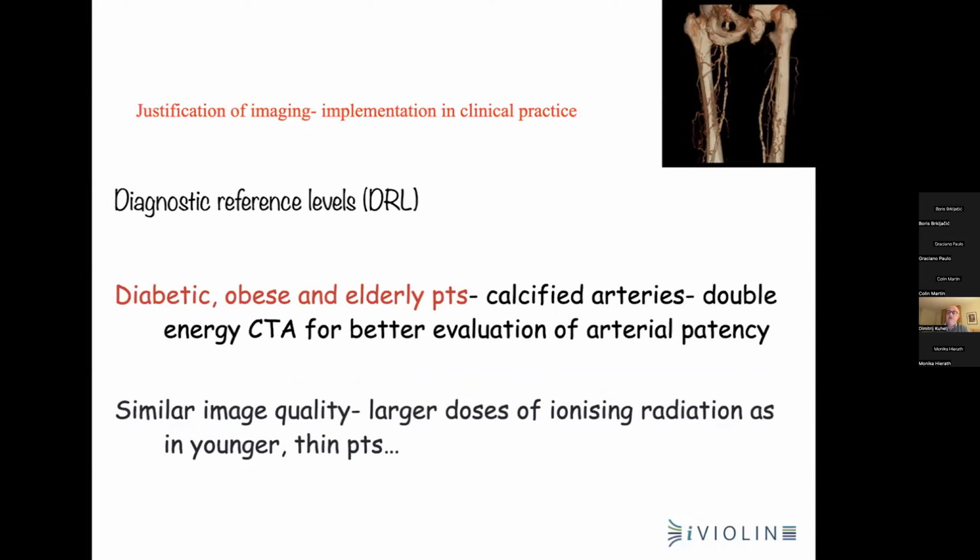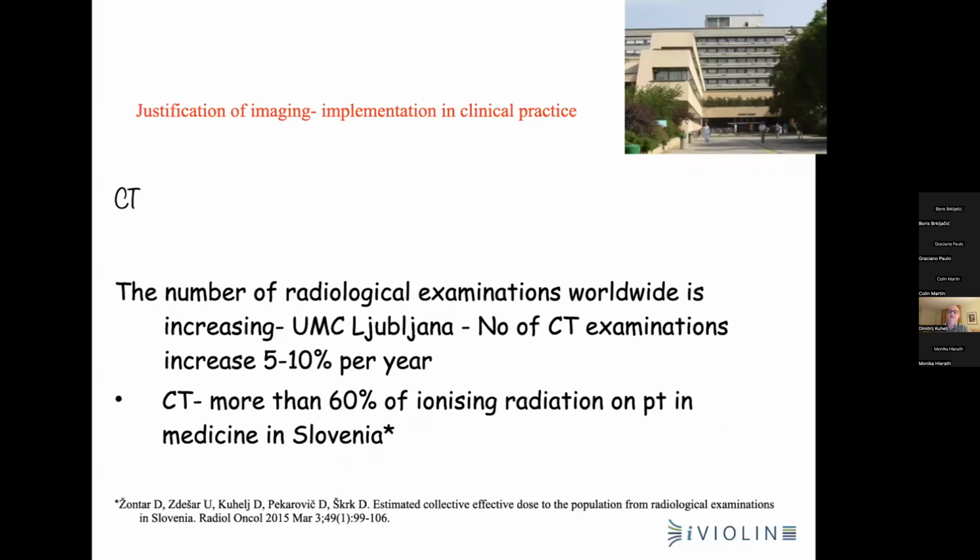So dual energy CTA is done for better evaluation of the patient. In that case, we get similar image quality as in younger patients. However, a larger dose of ionizing radiation is needed.